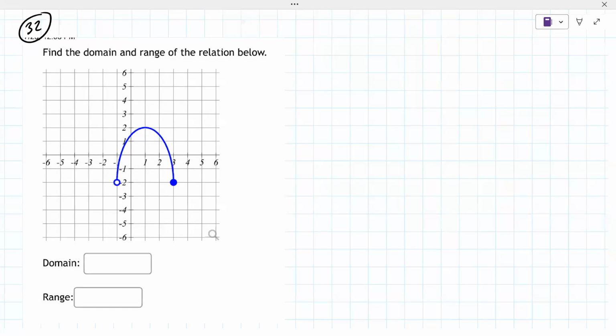So the X, -1, -1 bracket. And the lowest y is -2.